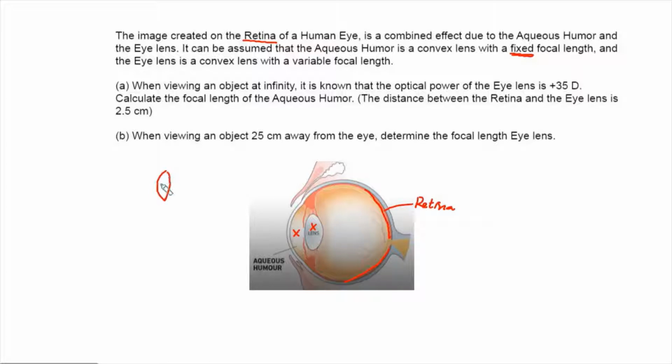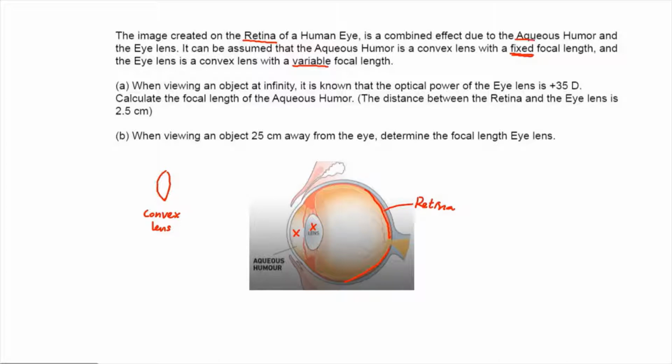It is also called a converging lens. So the aqueous humor can be considered as a convex lens with a fixed focal length, and the eye lens can be considered as a convex lens with a variable focal length. That means its curvature can change.